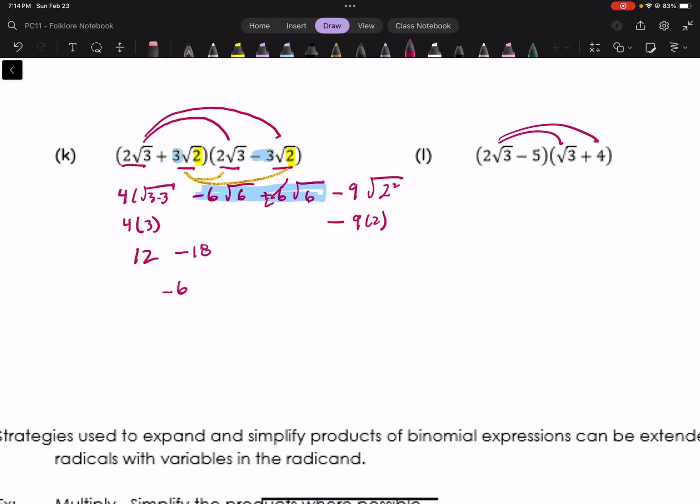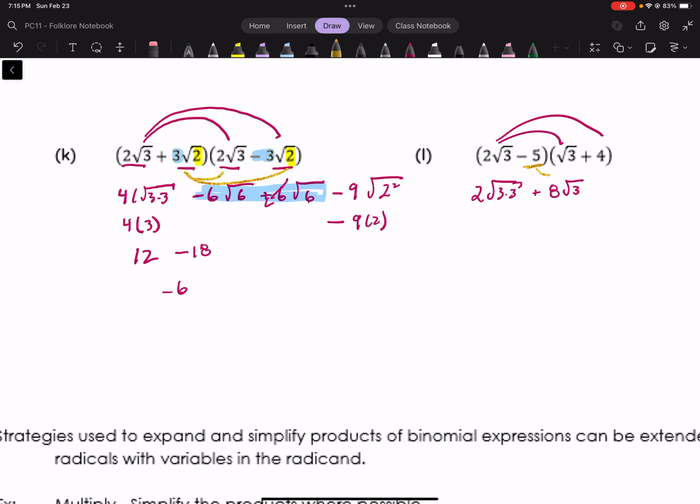All right, so I'm going to have to do 2 multiplications. 2 root 3 times 2 root 3, that's going to be 2 times the square root of 3 times 3. And the second multiplication in red, 2 root 3 times positive 4. Now 4 can be thought of as a coefficient, so that would be 8 root 3.